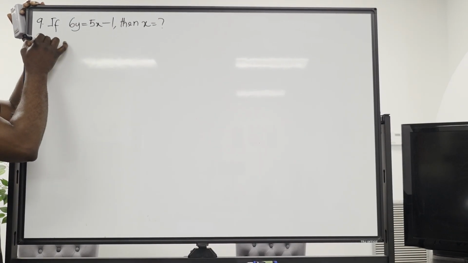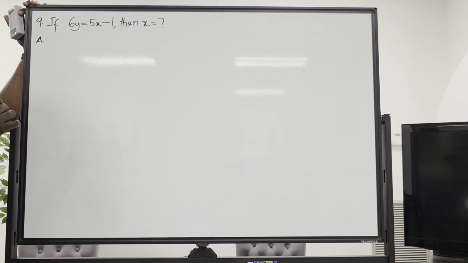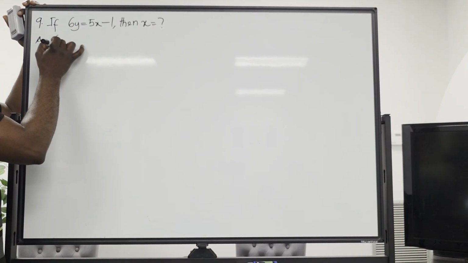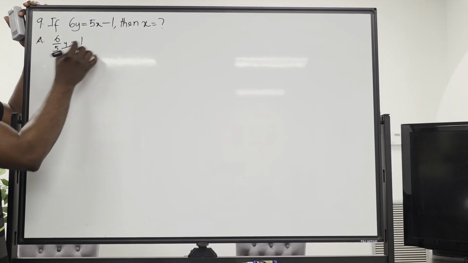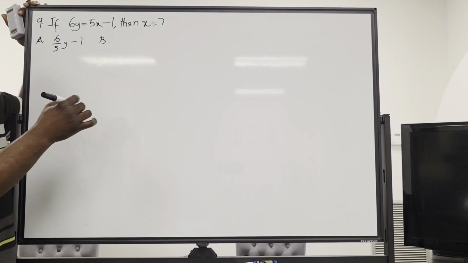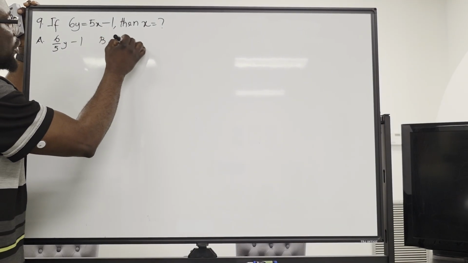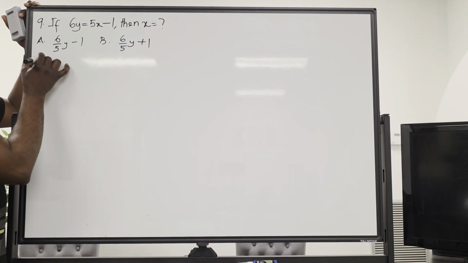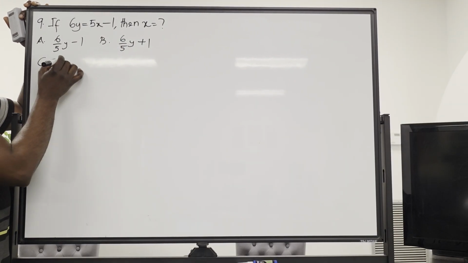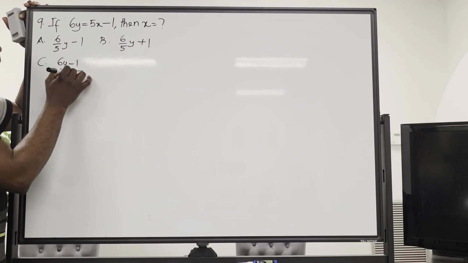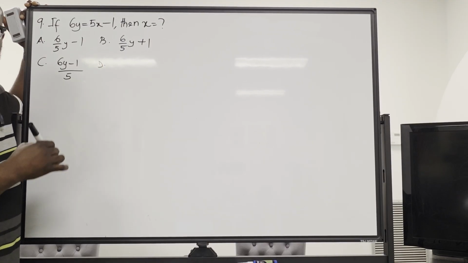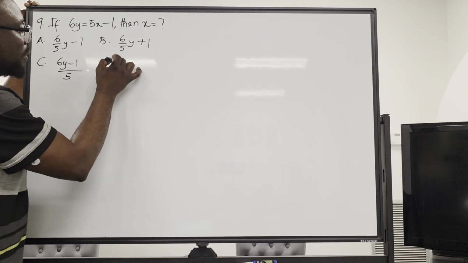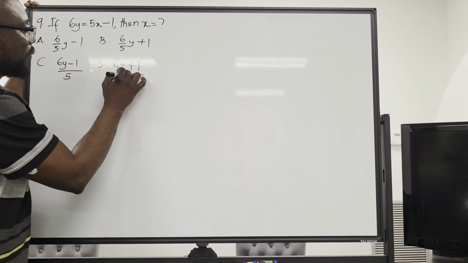Our first option, option A, is 6 over 5y minus 1. Option B, 6 over 5y plus 1. Option C, 6y minus 1 over 5. And option D, 6y plus 1 over 5.